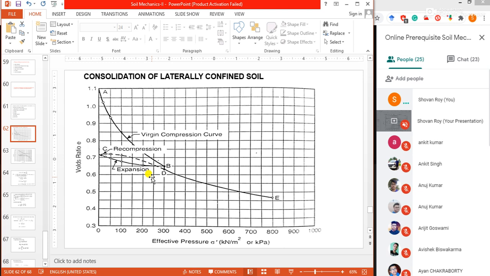This is the curve of void ratio versus effective pressure. So if pressure is high, void ratio would be less. If pressure is low, void ratio would be high.